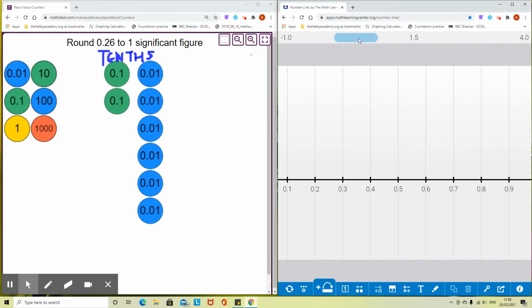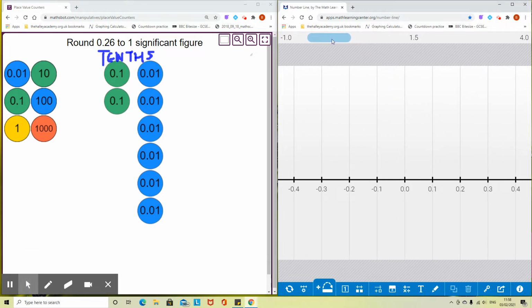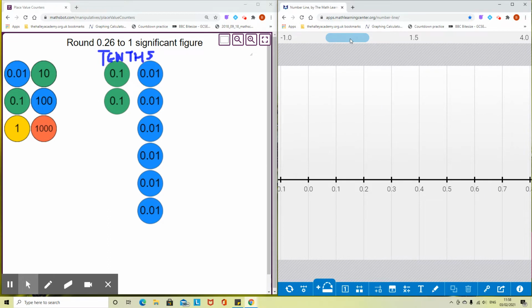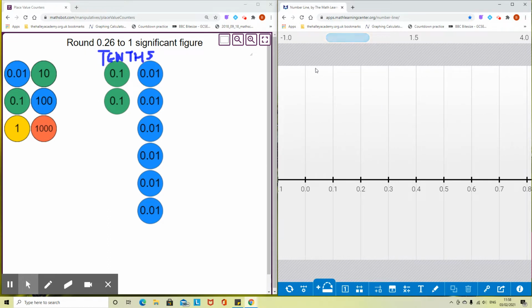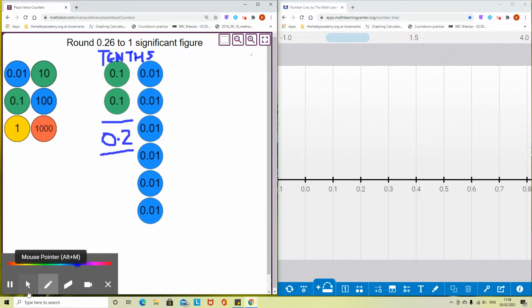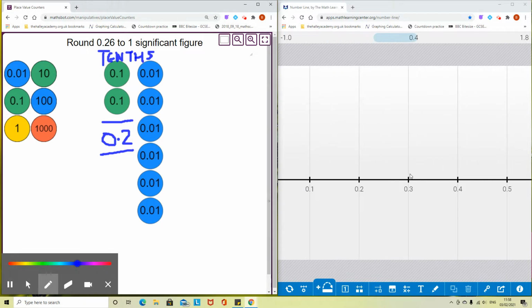I'm going to use a number line which is going up in tenths. So here it starts with 0.2, because 0.1 plus 0.1 will give you 0.2. So I'm going to go to 0.2, and what's in between would be 0.25.